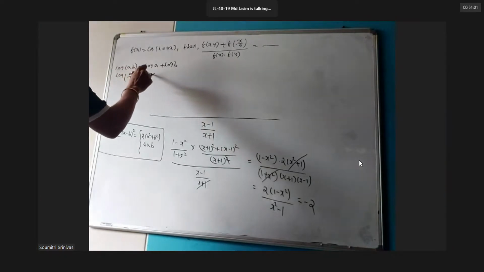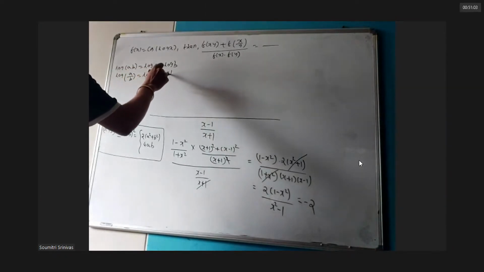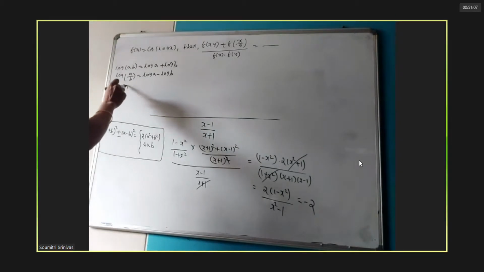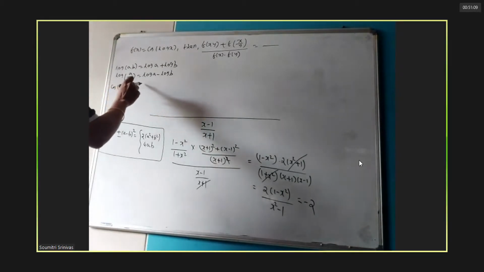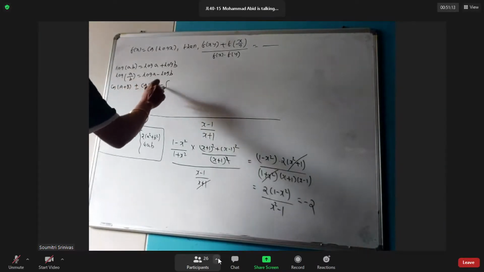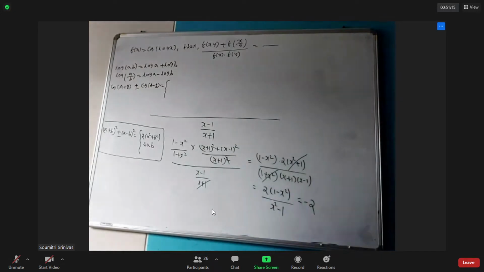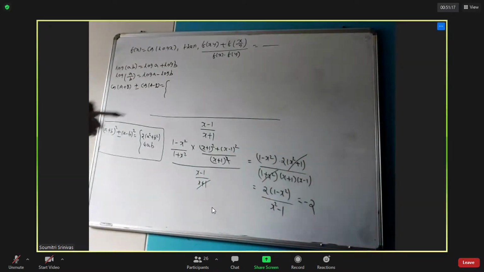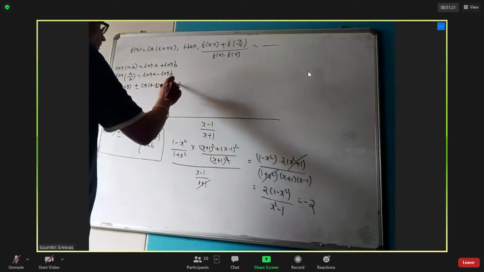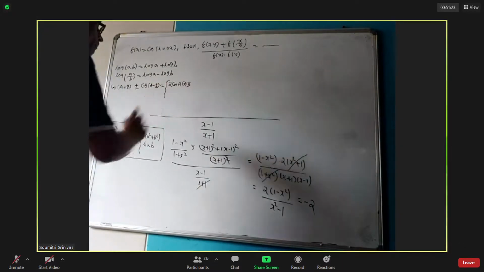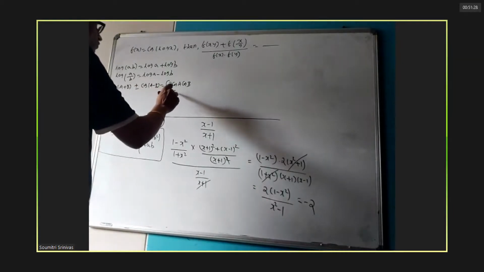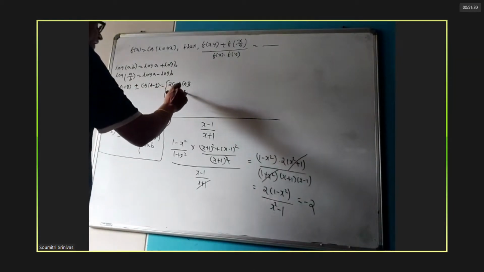Log A minus log B. Cos of A plus B plus or minus cos of A minus B. What is the plus one? What is the minus one? Minus 2 sin A sin B.